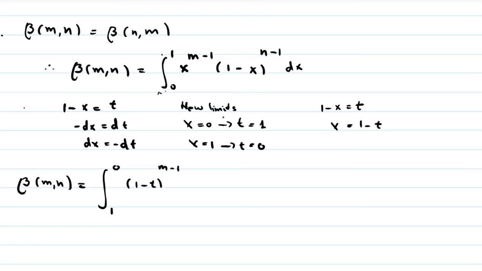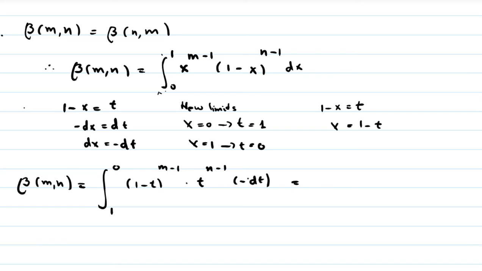Here we have 1 minus x already, so this is going to be replaced by t, giving t raised to n minus 1. And this is dx, but you know that dx is going to be minus dt, so you're going to give it minus dt like this.